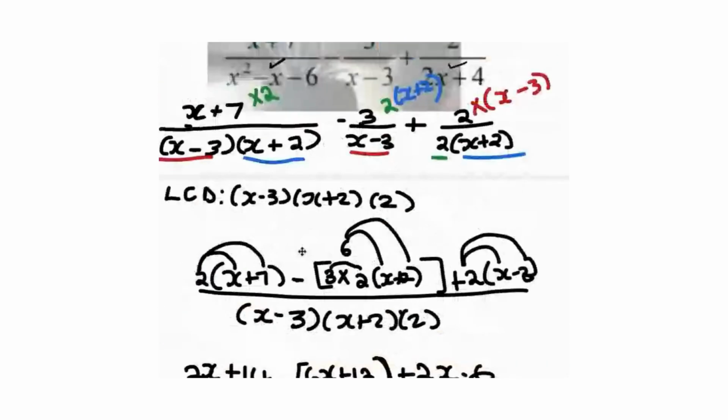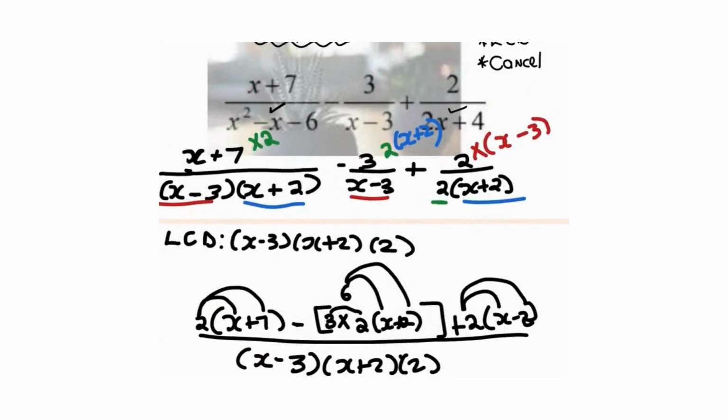For example, on this one we had negative 3 over x minus 3. I can't cancel 3 and 3 because between the x and the 3 there is a negative. It is mathematically wrong to cancel out when you have an operation between your terms. You only cancel if you are multiplying, not when you are subtracting or adding.